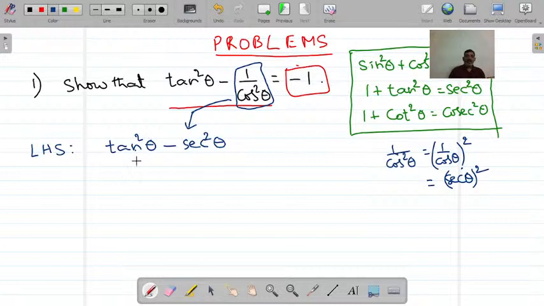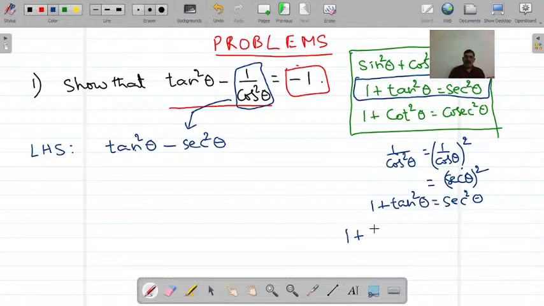Now what is the identity? You have to use tan and secant. What do I know here? Now simply observe, we know that 1 plus tan square theta is equal to secant square theta. Now you bring this secant square theta also to the left hand side. 1 plus tan square theta, if you bring secant square theta to the left hand side, it becomes minus secant square theta is equal to 0.